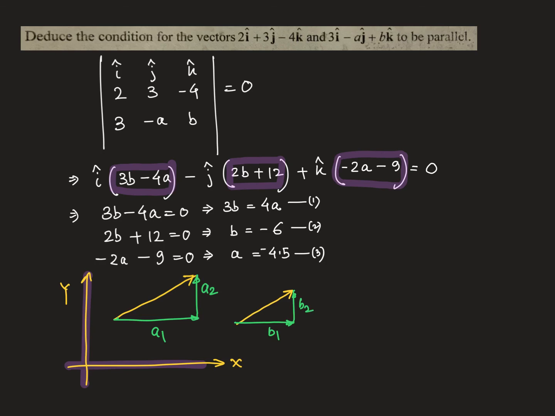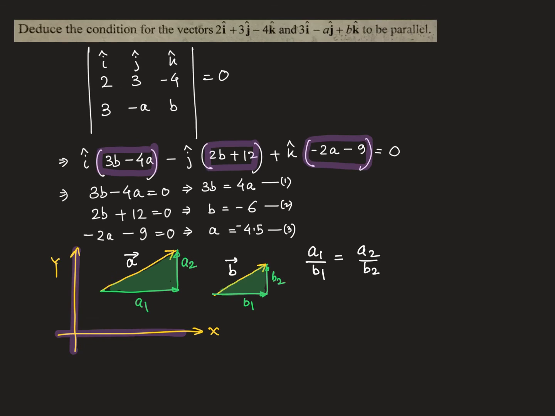So obviously they will form similar triangles. Here the vectors a and b are parallel to each other. So if they are similar triangles, then a1 by b1 is equal to a2 by b2, right? Now, even if you have a third component, z axis, that will hold.